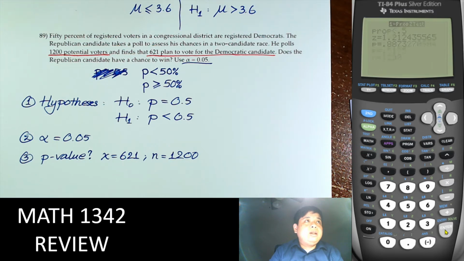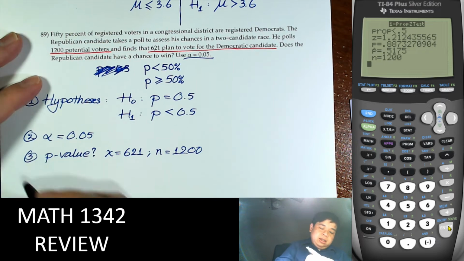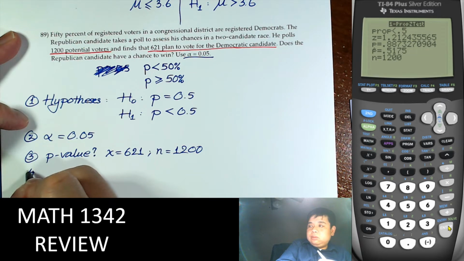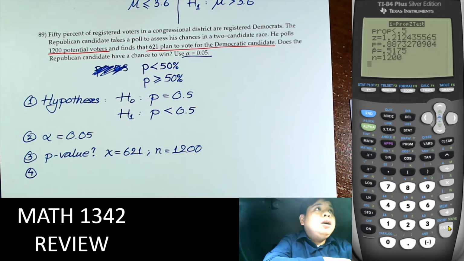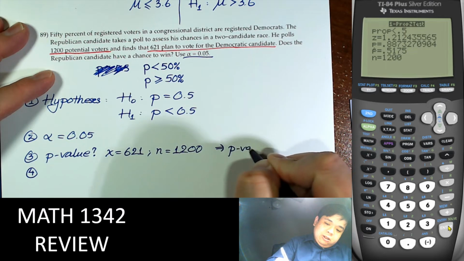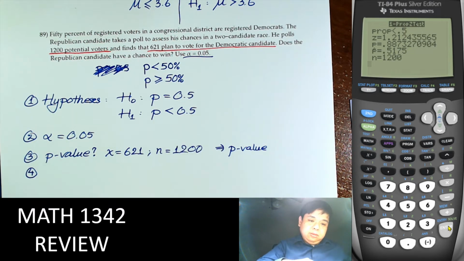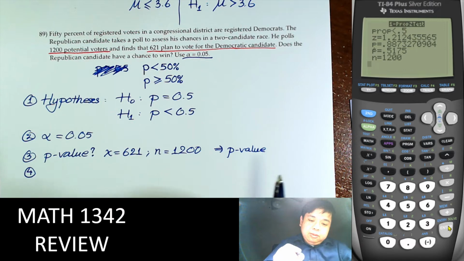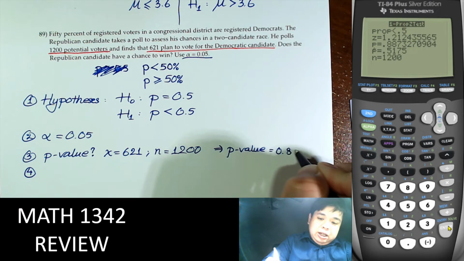And I will just calculate. I'll show the p-value. Right. So the p-value is 0.887.